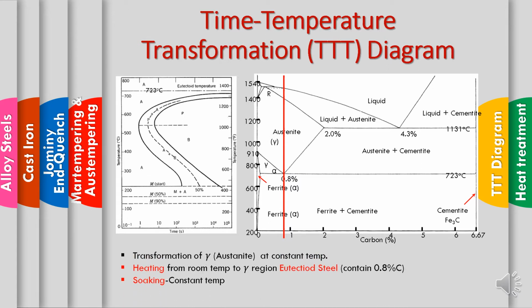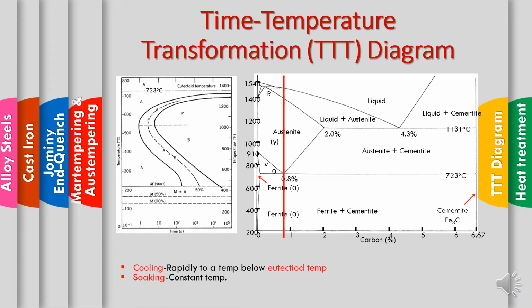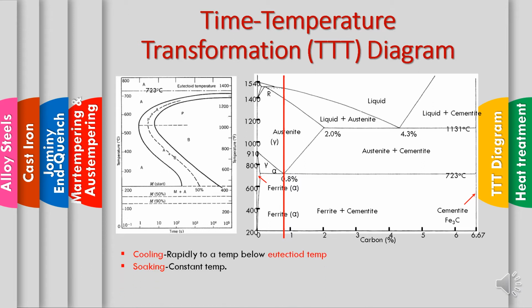Okay, the transformation of austenite, which is gamma, at a constant temperature: heating from room temperature to the austenite region, for the eutectoid steel, which is the red line here, with a composition of 0.8% carbon, and then soaking at a constant temperature, and then cooling rapidly to a temperature below the eutectoid temperature.